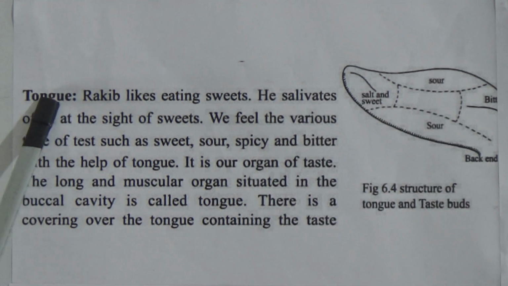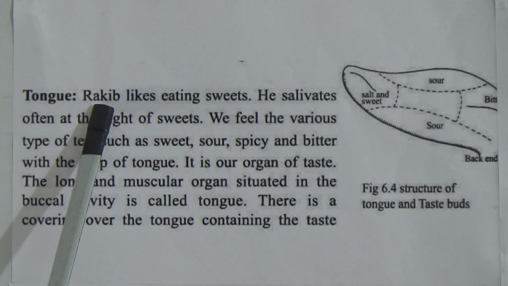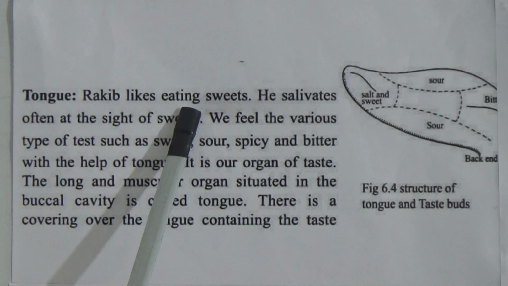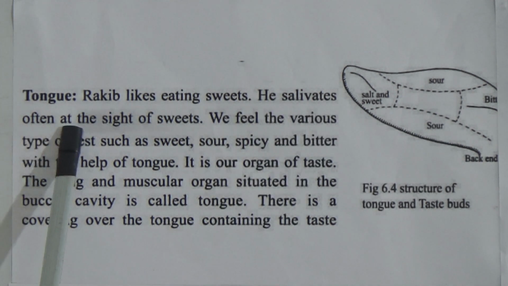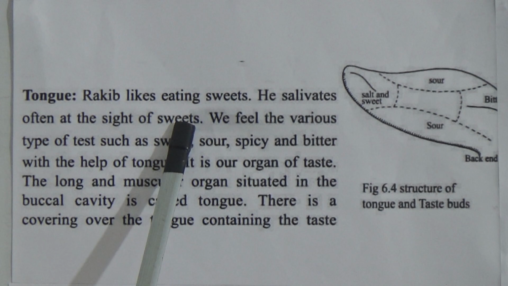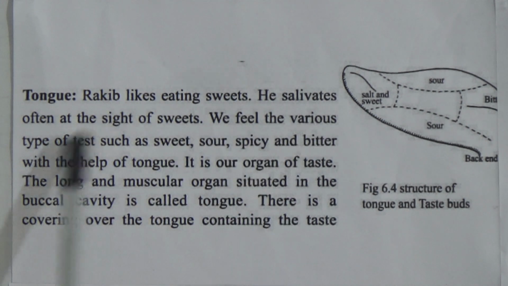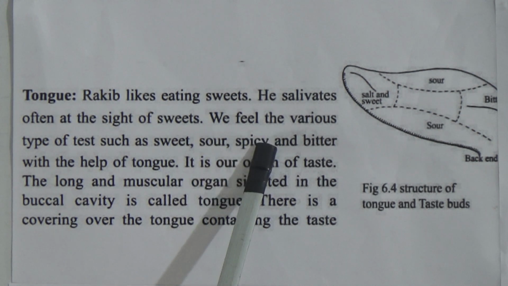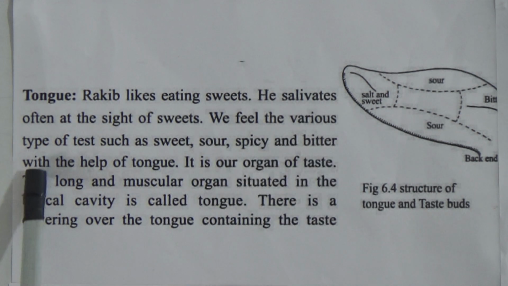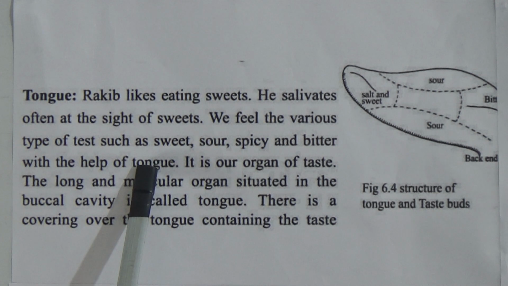Now we will start to discuss the tongue. Rakib likes eating sweets. He salivates often at the sight of sweets. We feel the various types of taste such as sweet, sour, spicy and bitter with the help of the tongue.